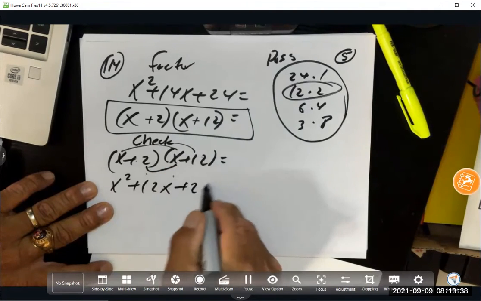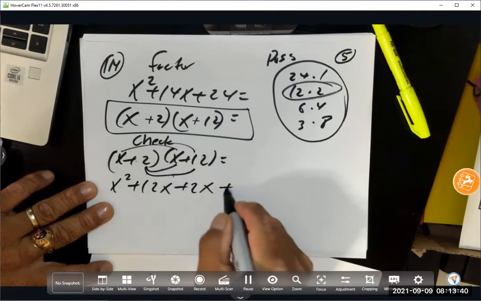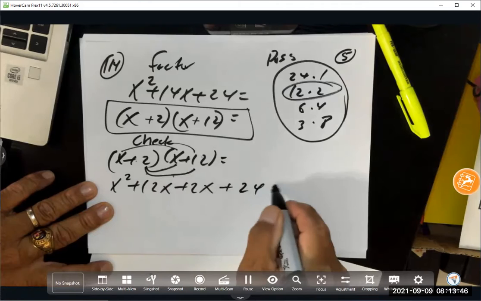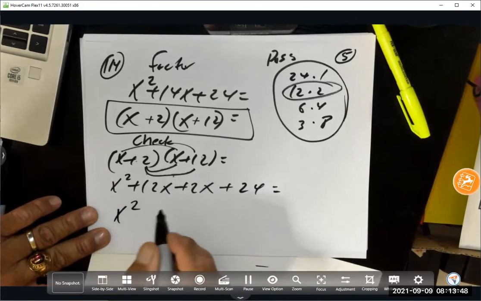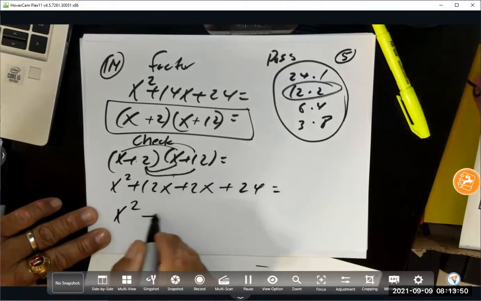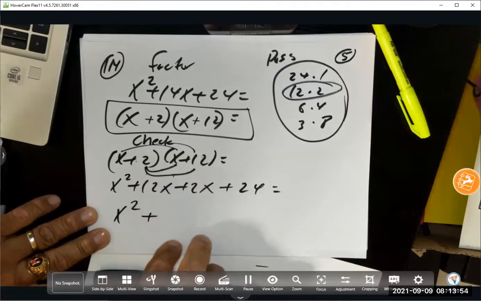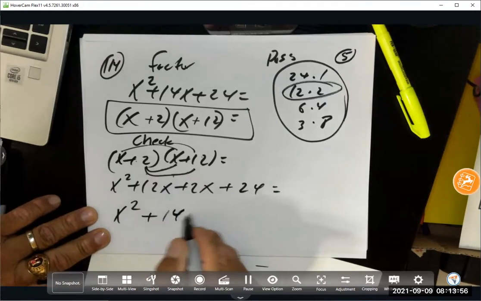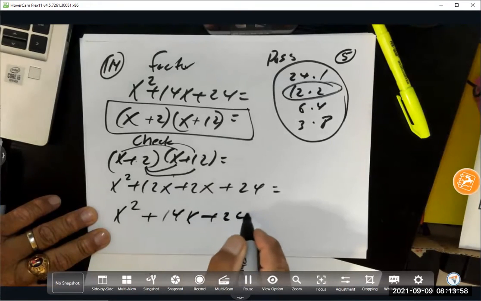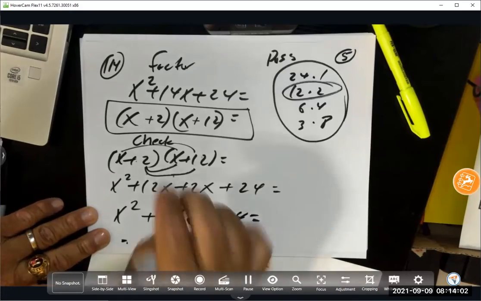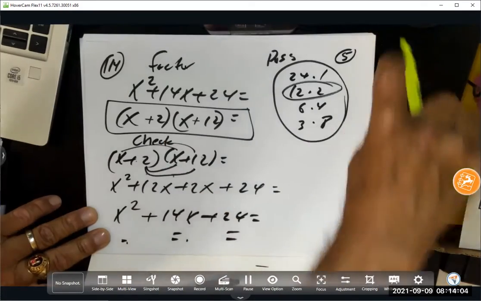And 2 times 12? 24. Now, what is 12x and 2x together? 14x. Does it match? Yes, so that's the right answer.